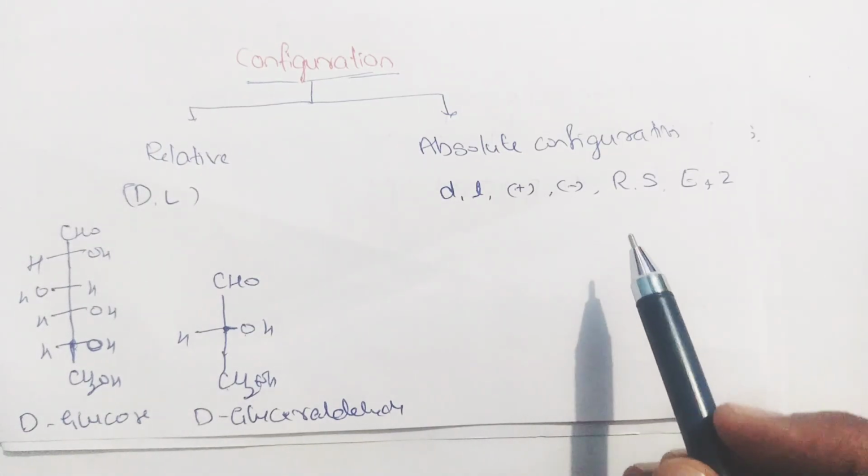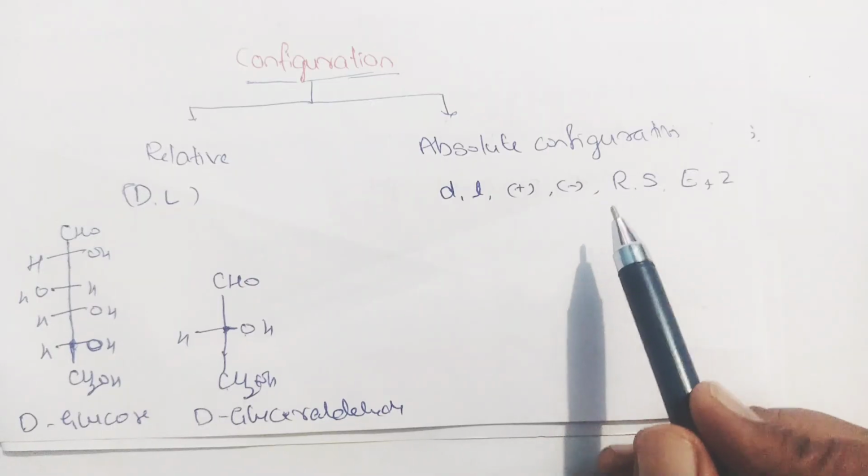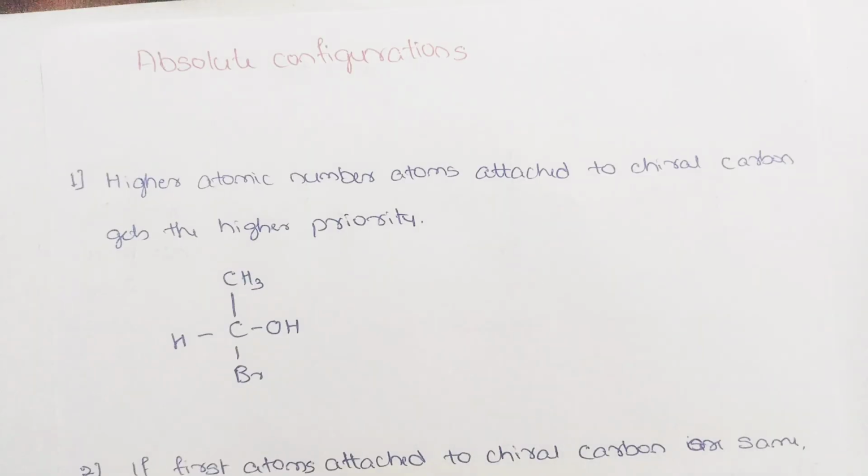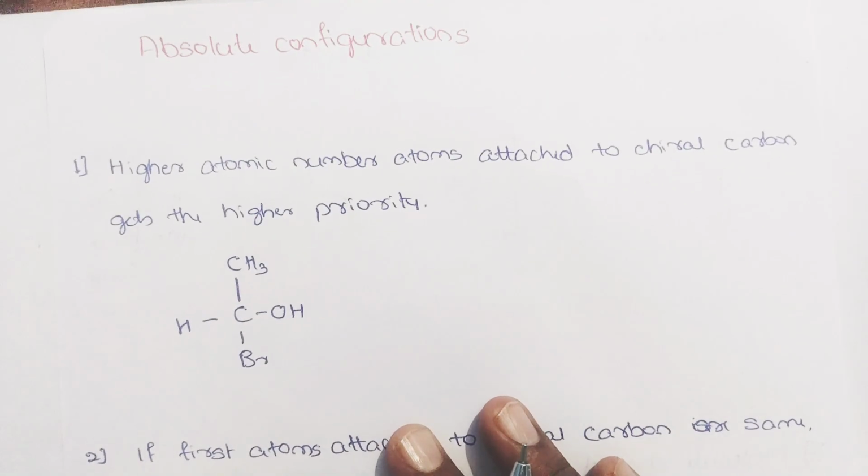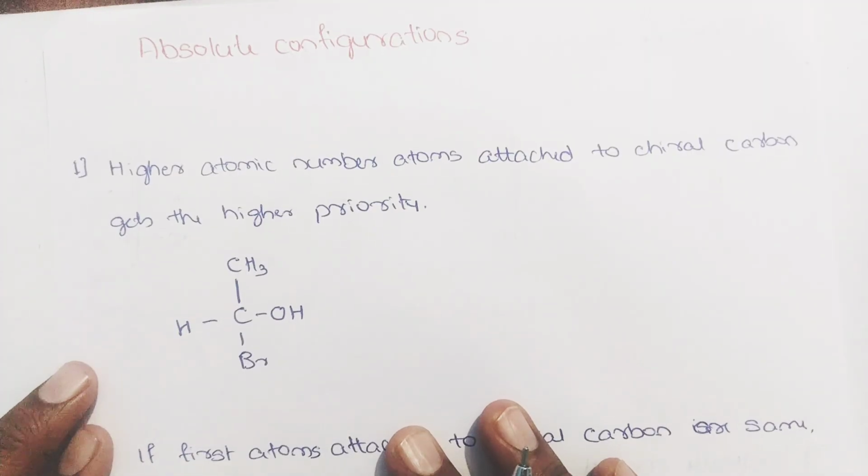In this video, we shall discuss R and S configurations. Absolute configurations R and S decide whether an optically active molecule rotates light to the right side or to the left side.